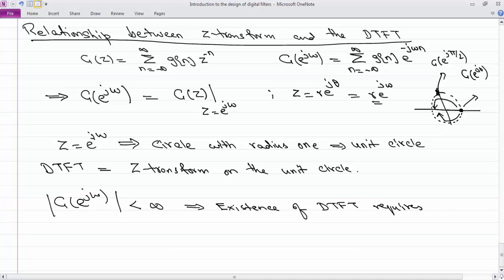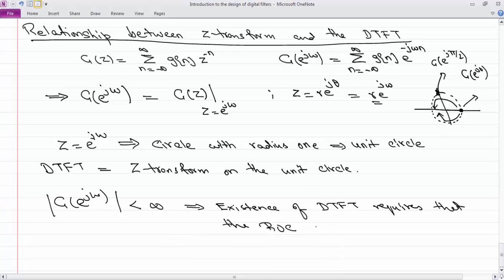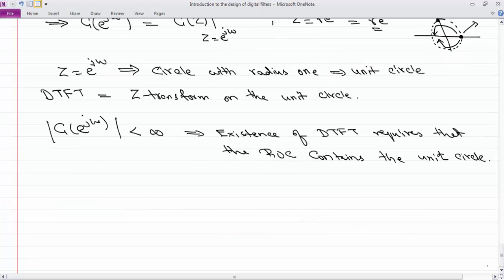Existence of DTFT requires that the region of convergence contains the unit circle. So the conclusion that we can draw from this is, number one, we can have the Z transform, but the DTFT may not exist.